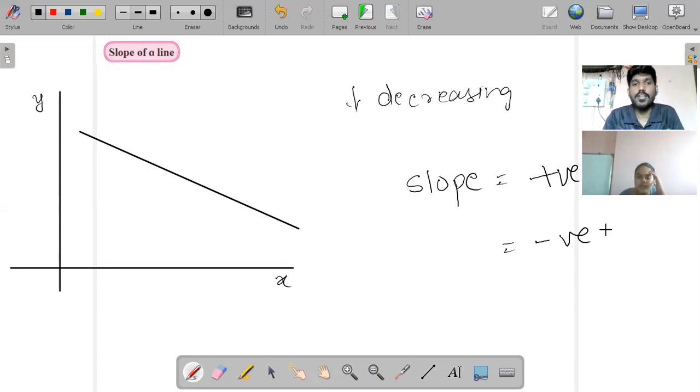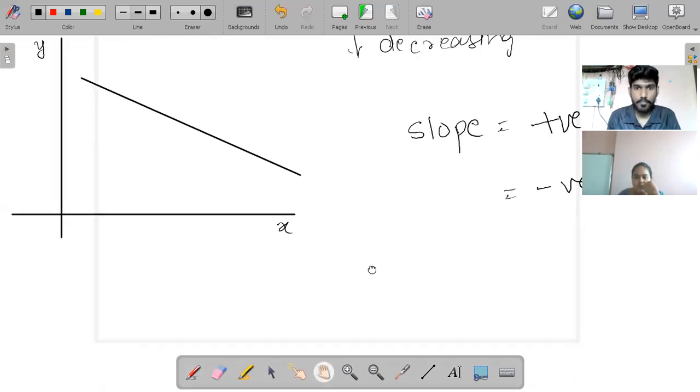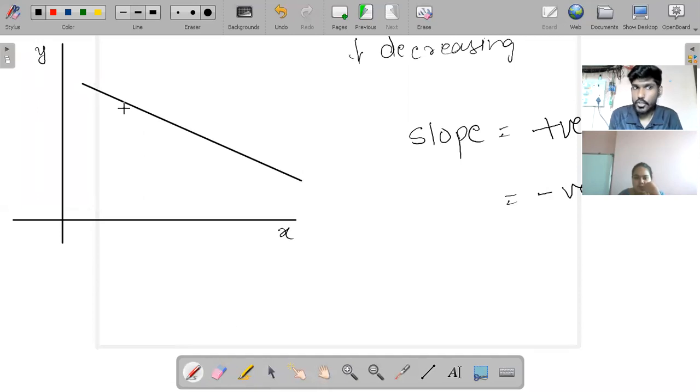Now the question arises: it is difficult to draw the graph all the time, and it is very time consuming to draw the graph and then see whether it has a positive or negative slope. So for that, we have a formula for slope. To find the slope, you take any 2 points on the line.